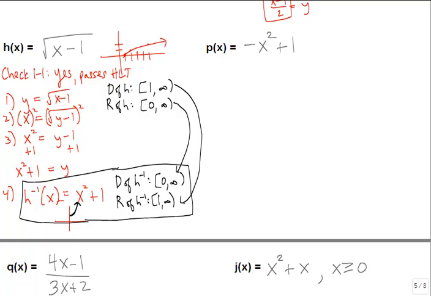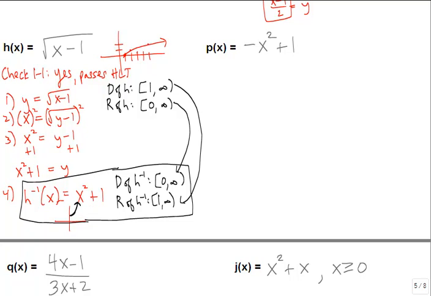So it's always a good idea, especially when you're dealing with square roots and squares, to look at domains and ranges and always list out in your final answer the domain and the range that you're supposed to be using for that inverse function, to make sure that you're looking at just the right piece.